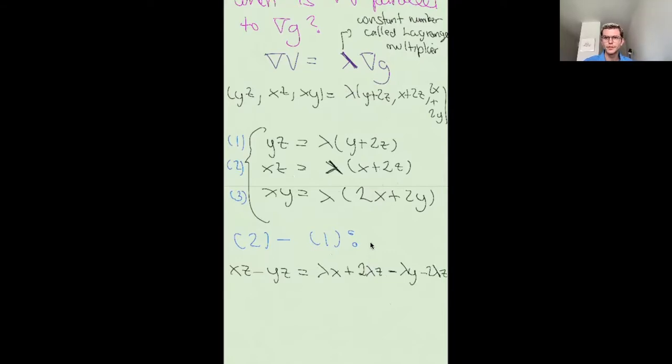So what does the left-hand side become? It becomes z times x minus y, right? And here, what do you have? These two terms go away, so you get lambda times x minus y. Is that okay?